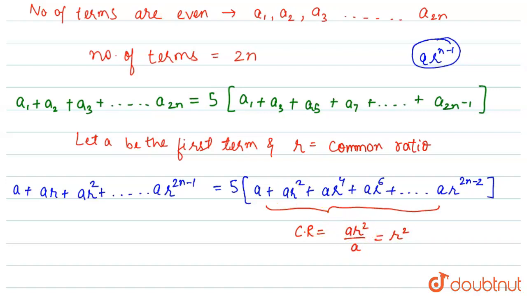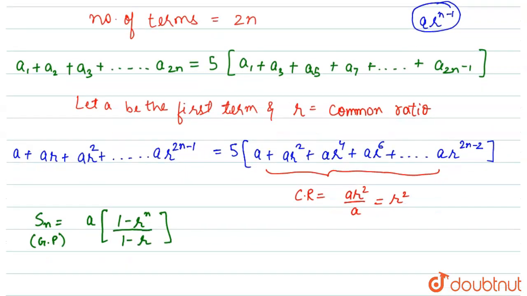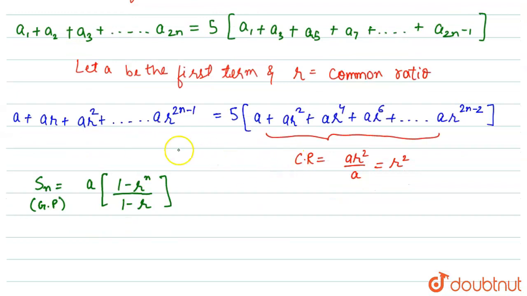Now, we also know that the sum of n terms in a GP is given by A into 1 minus r to the power n, where n is the number of terms, upon 1 minus r. So we will use this formula in this equation.